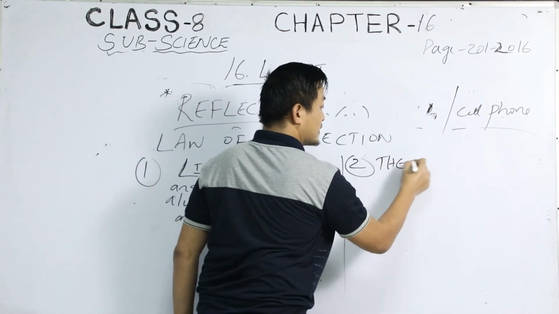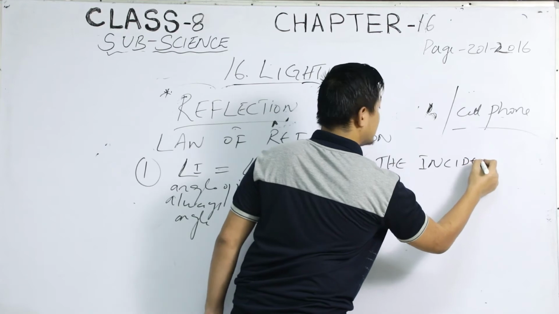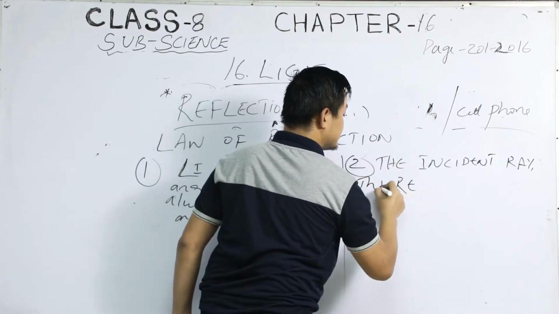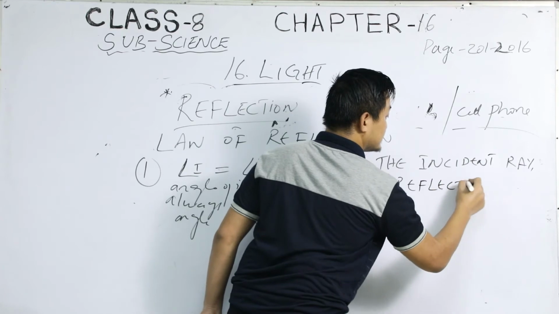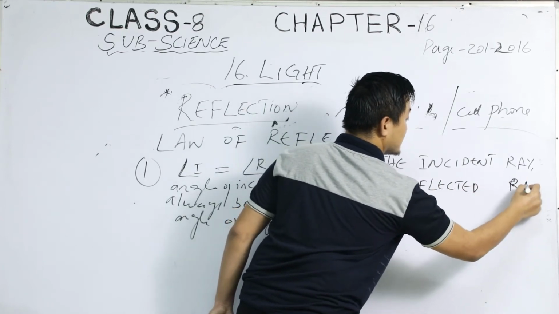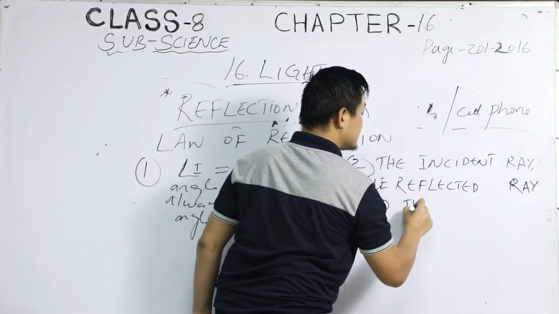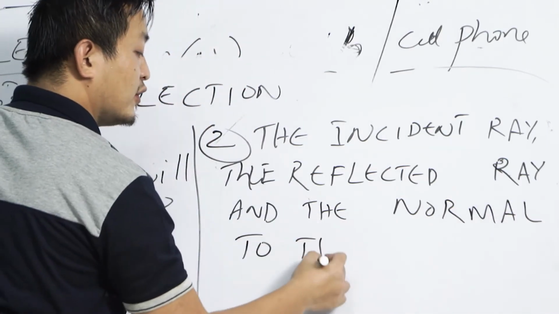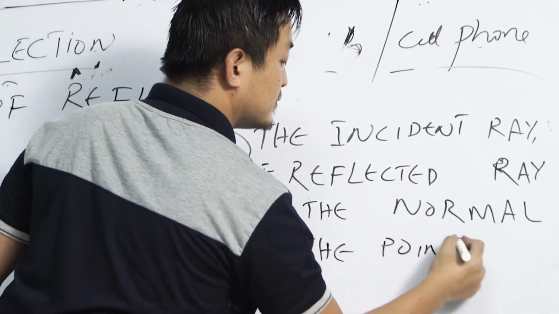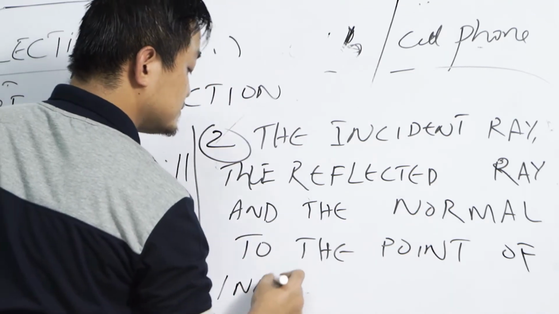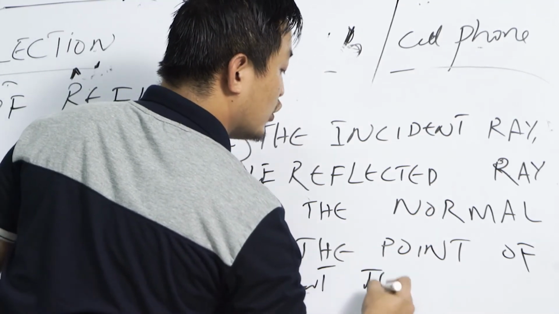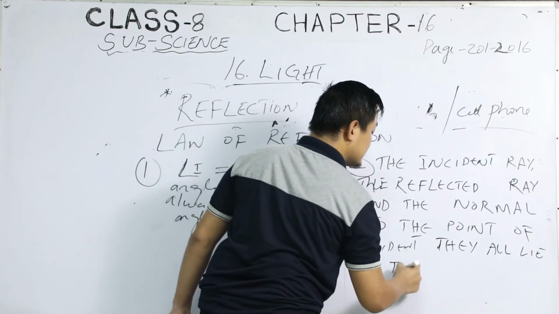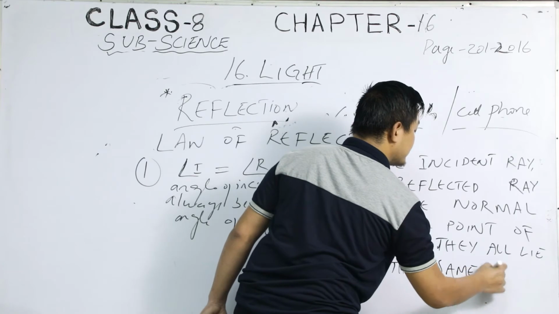The incident ray, the reflected ray, and the normal to the point of incidence all lie in the same plane.